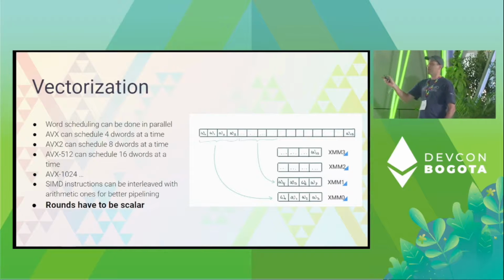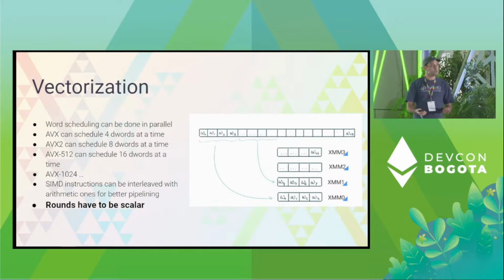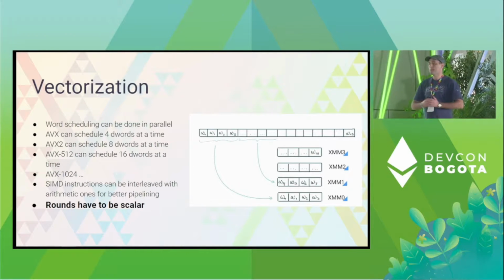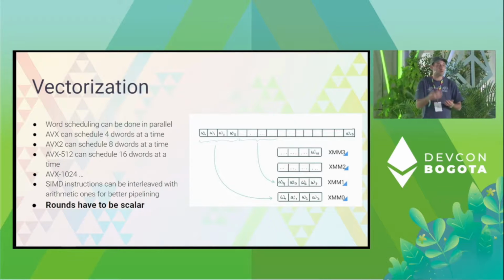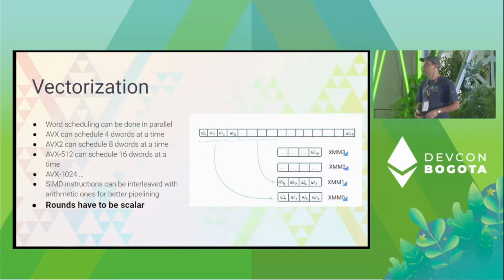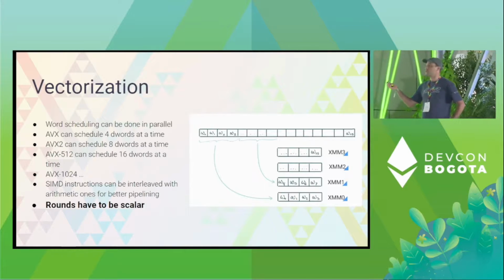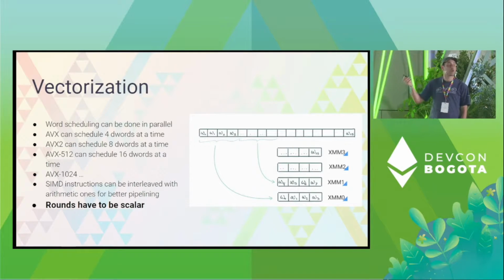All of them implement the following. You can compute your scheduled words, as I told you, without knowing what the current status of the hashing is. So all of them use vector instructions to compute several words at a time.